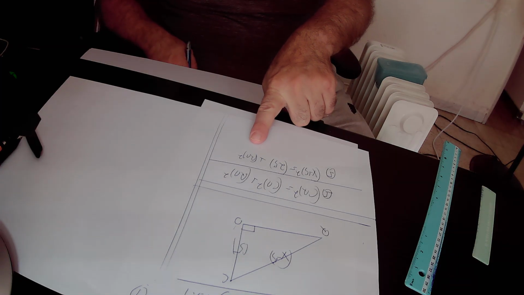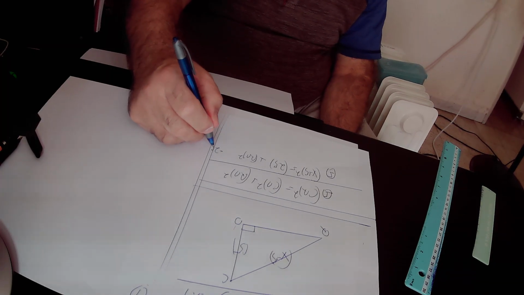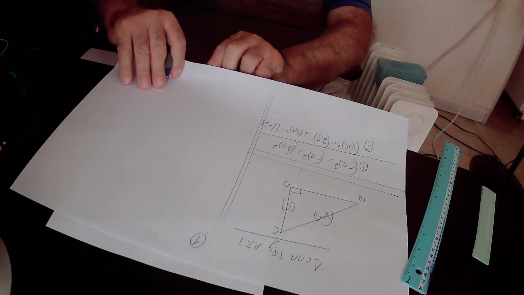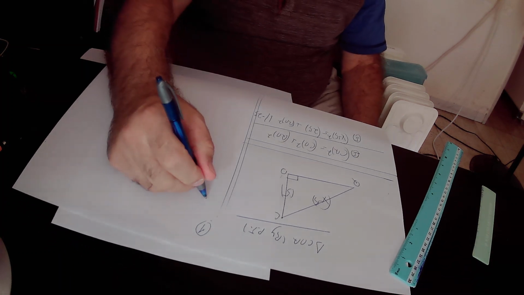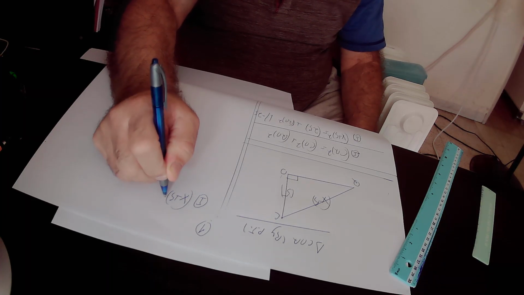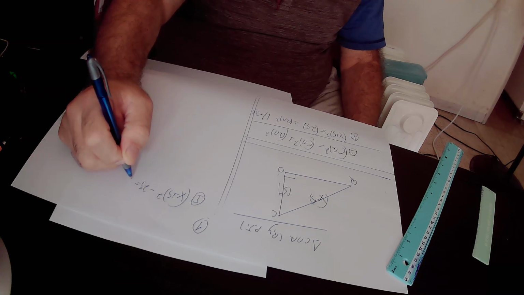Here we subtract 25 from equation 1, and get that according to equation 1, (x plus 5) squared minus 25 equals QO squared.